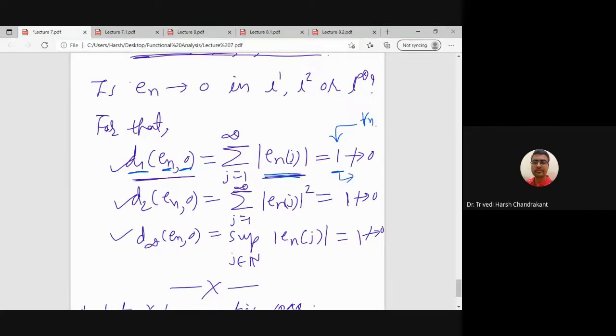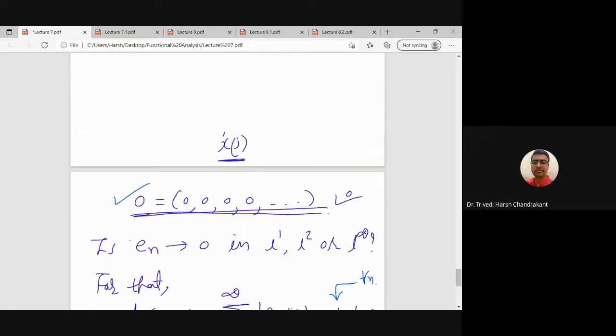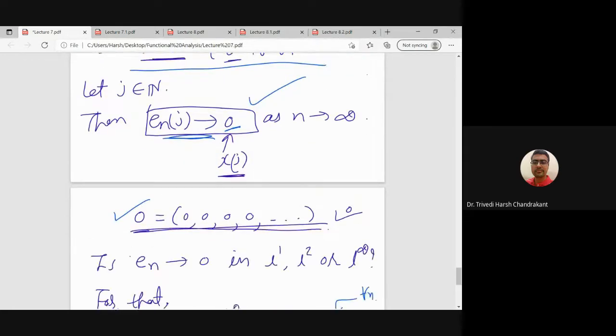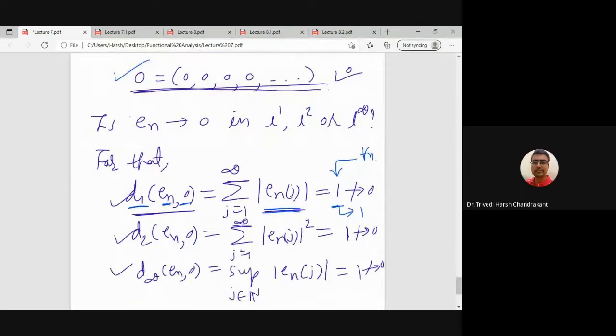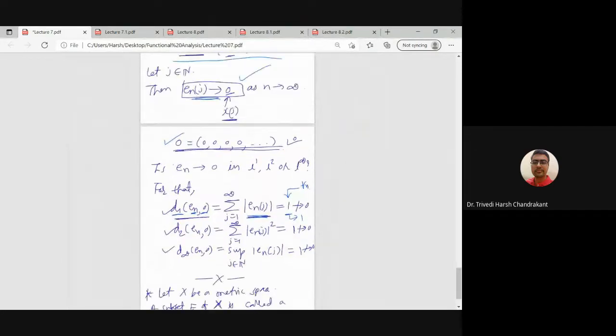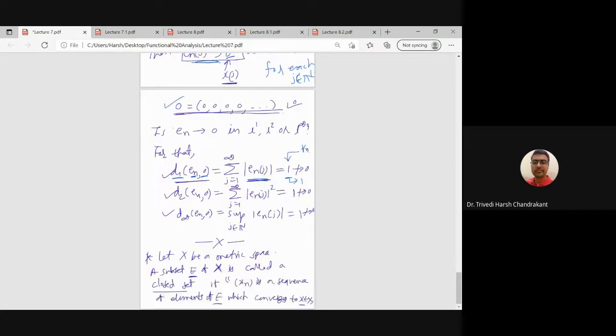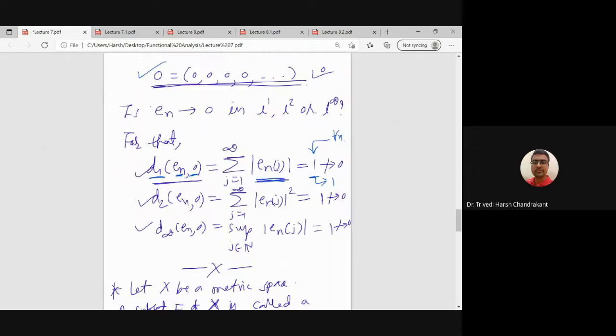So this converges to 1 as n tends to infinity. So what we are saying is it doesn't converge to 0, but here it is converging to 0 for each j. It converges to 0, but as a sequence of sequences, it doesn't converge to the 0 sequence in either of the metrics.